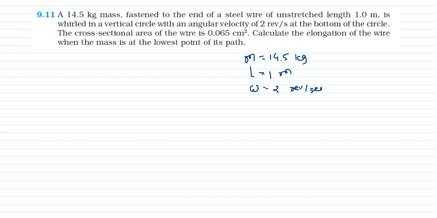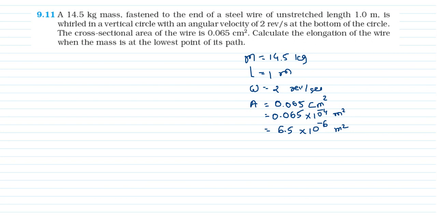The cross section area. What is the cross section area? 0.065 centimeter square. That means you can say that 0.065 into 10 raised to minus 4 meter square, that is 6.5 into 10 raised to minus 6 meter square.